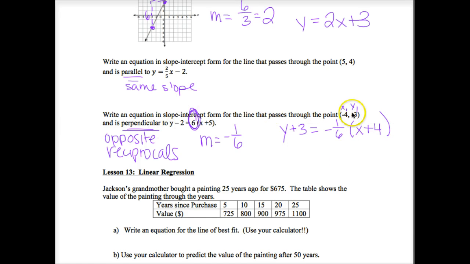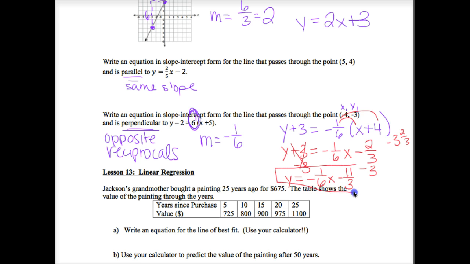Since I need it in slope-intercept, all that means is I need to distribute my slope. That's negative 4/6, which is negative 2/3. And then move my y1. These are both negative, so negative 3 and 2/3 as an improper fraction is negative 11/3. So then this would be my final answer.